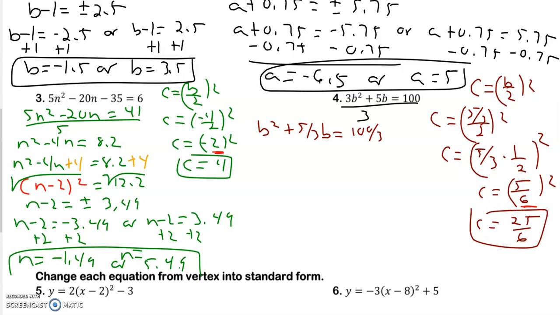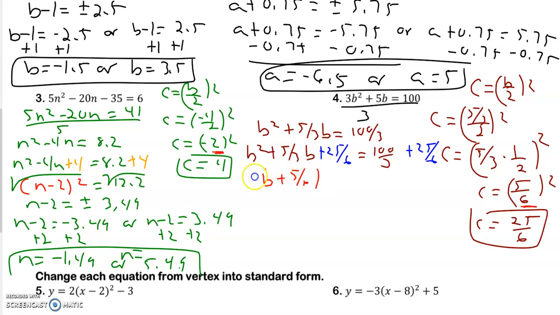So I'm going to do b squared plus 5 over 3b, and then I'm going to put in my magic number as 25 over 6 equals 100 over 3 plus 25 over 6. Underneath the radical is going to be b plus 5 over 6 squared.